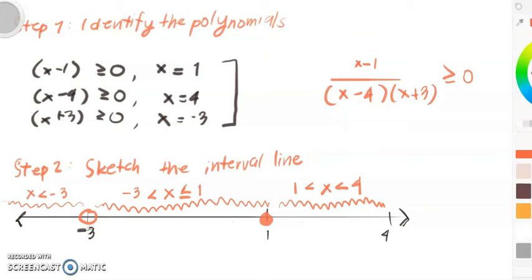So we have x intervals here that are greater than 1 but less than 4. For the right side of 4, we have x values that are greater than 4. So we have 5, 6, 7, 8, to 1000, to positive infinity. So now we have our intervals.